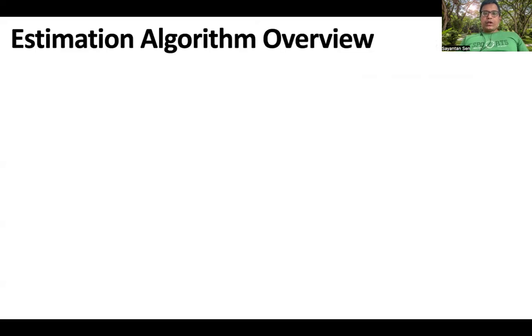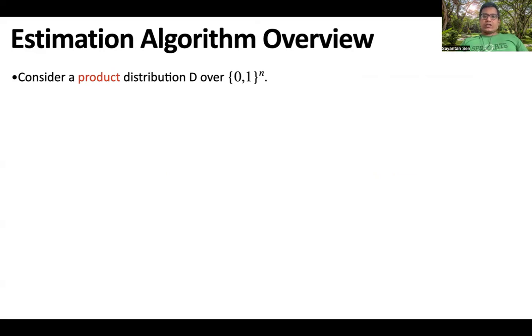The rest of the talk is divided into two parts. In the next few slides, I'll briefly give an overview of our estimation algorithm, and in the second part, I'll delve into more details. Before jumping into our algorithm for arbitrary distributions, let us consider a more structured distribution, for example, a product distribution.